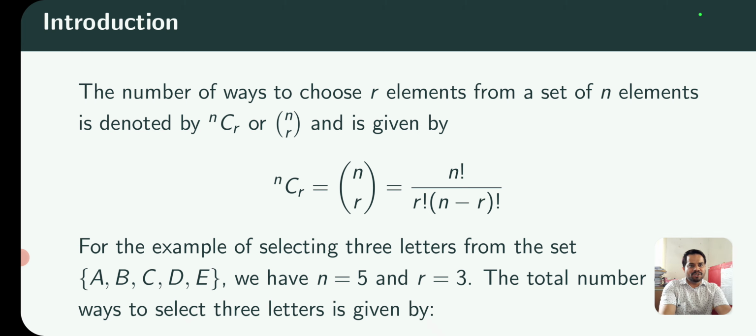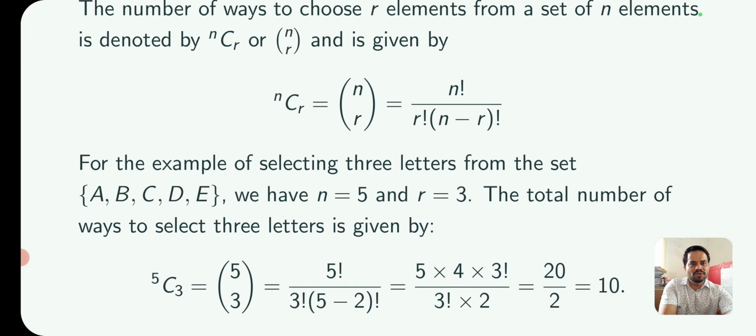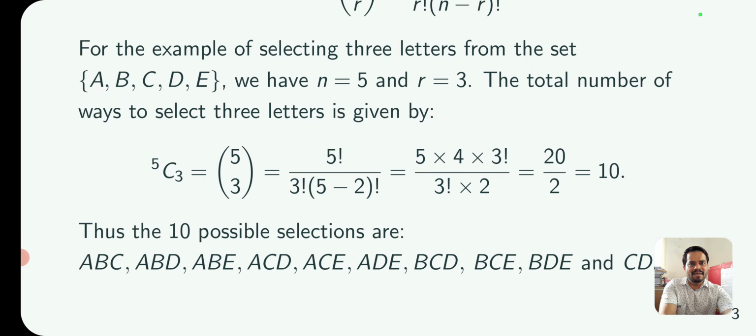You can just put n equals 5 and r equals 3 in this formula and simplify it. 5C3 means you choose 3 letters from 5 letters. Putting n equals 5 and r equals 3 in the formula, we get the answer 10. It means that there are 10 possible selections out of 5 letters.